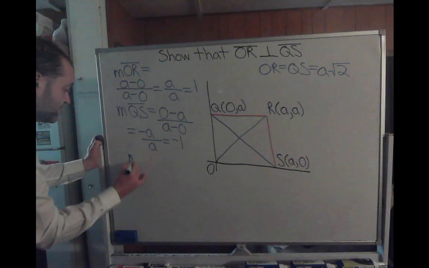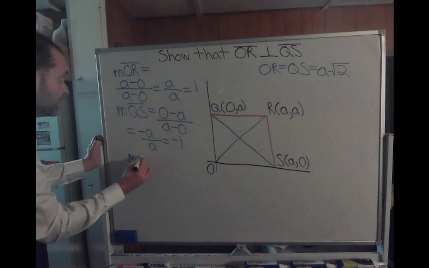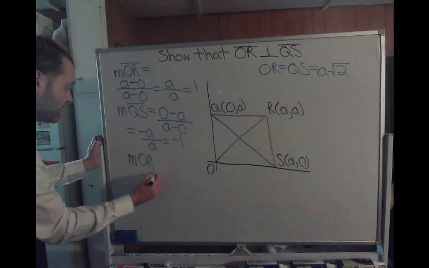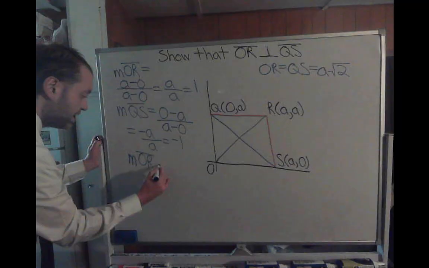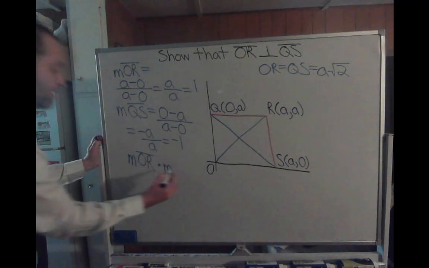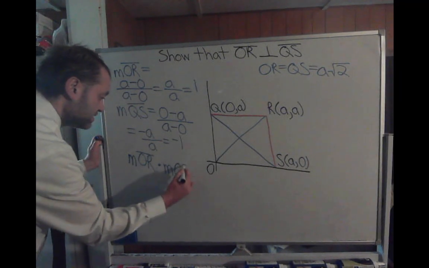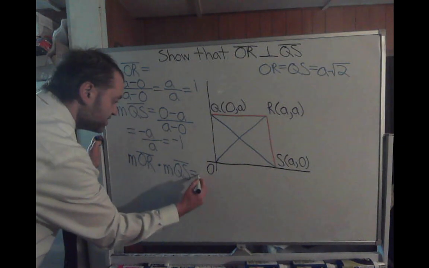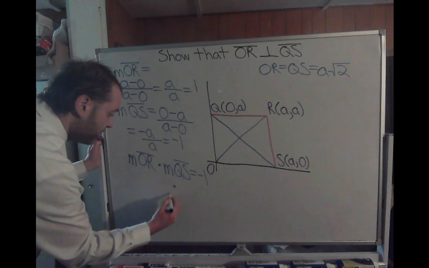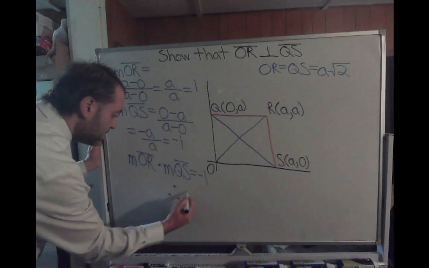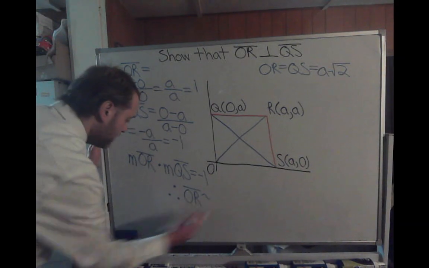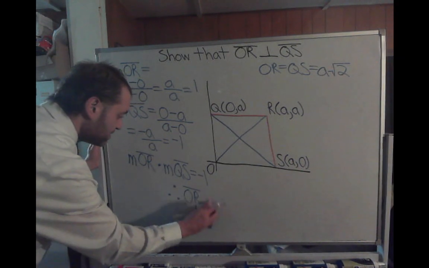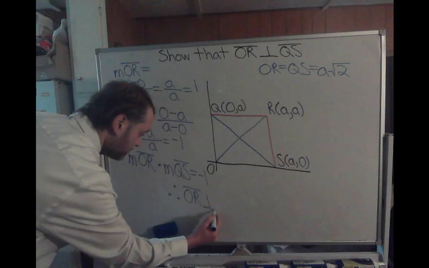So we can say that the slope of segment OR times the slope of segment QS equals -1. Therefore, segments OR and QS are perpendicular to each other.